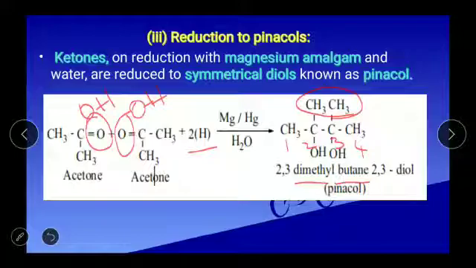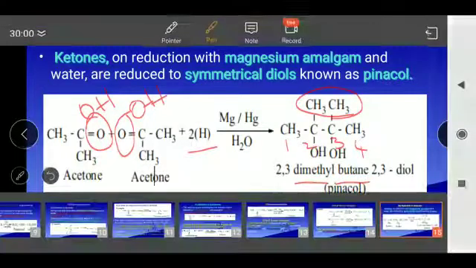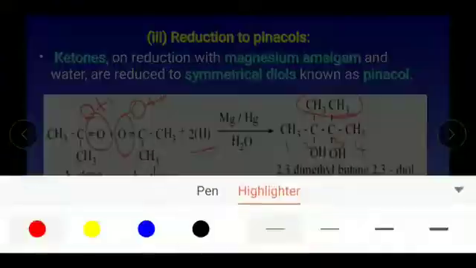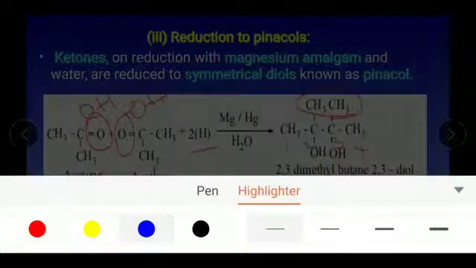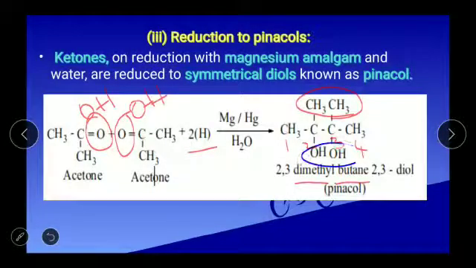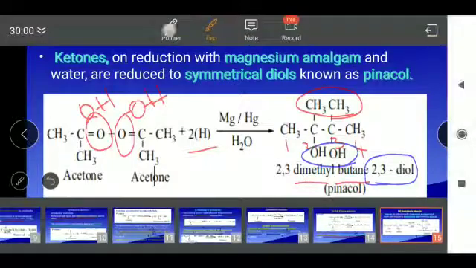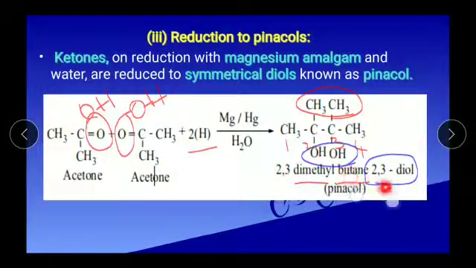The same 2 and 3 carbons have 2 OH groups, so 2,3-diol. So what is the name? 2,3-dimethyl butane 2,3-diol.